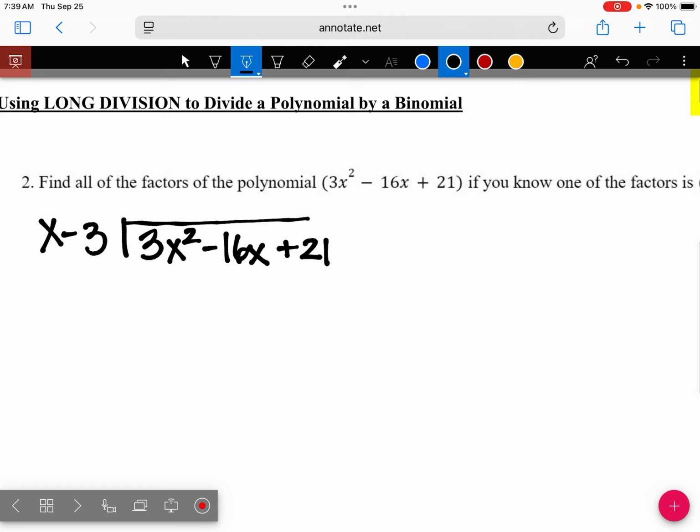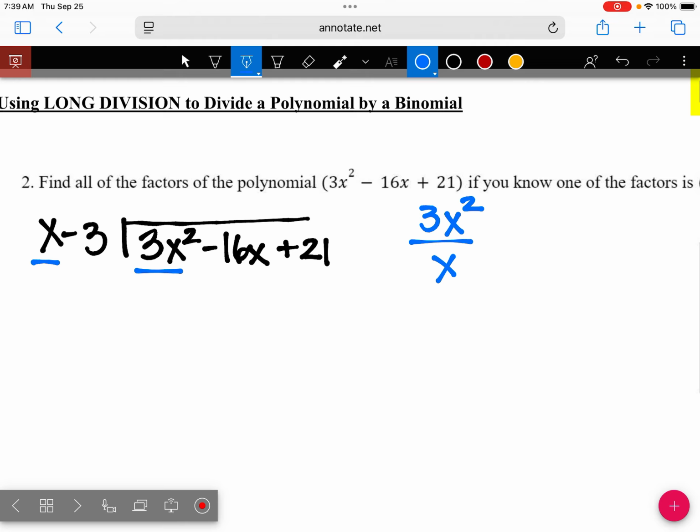All right. You always start by dividing your first terms. So take your 3x squared and divide it by x. See what you get. What do you get when you take 3x squared divided by x?